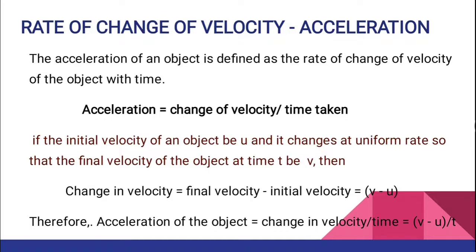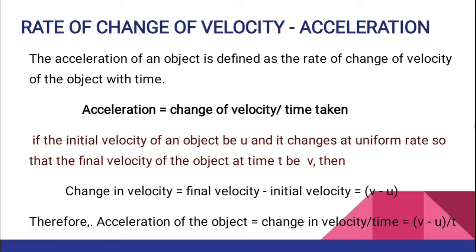That's why we have a term acceleration. Acceleration of an object is defined as the rate of change of velocity of the object with time, or we can say how much the velocity of an object is changing per unit time is known as acceleration. So the formula for acceleration is change of velocity upon time taken.